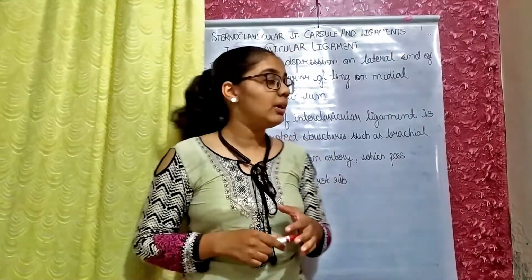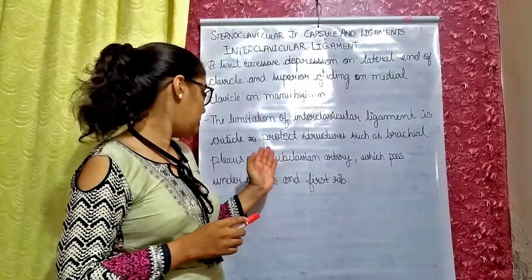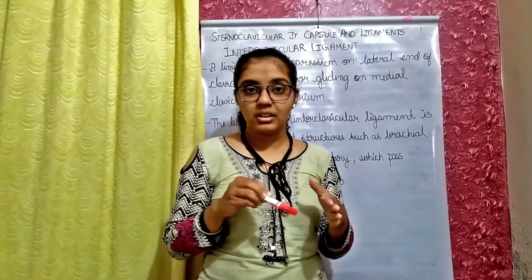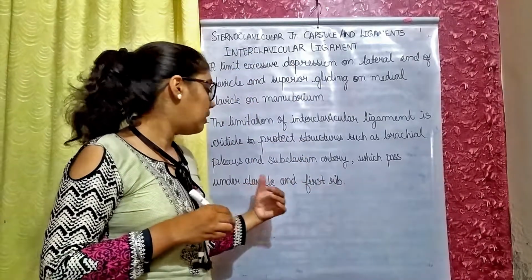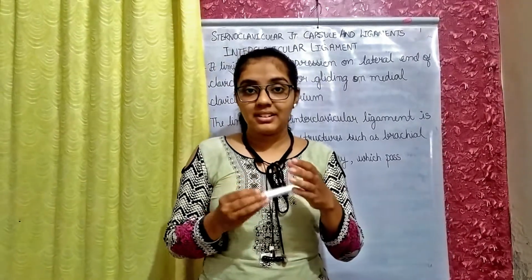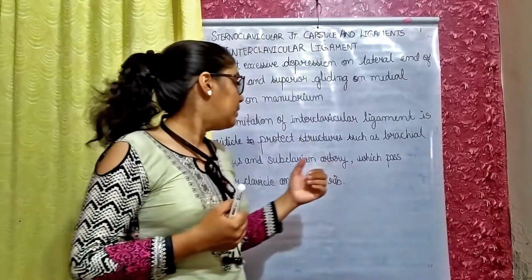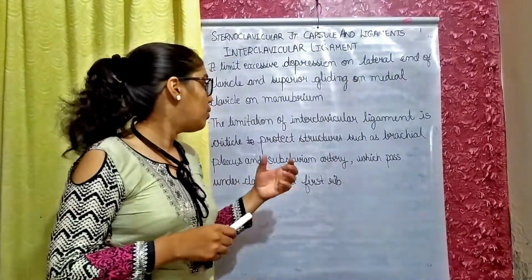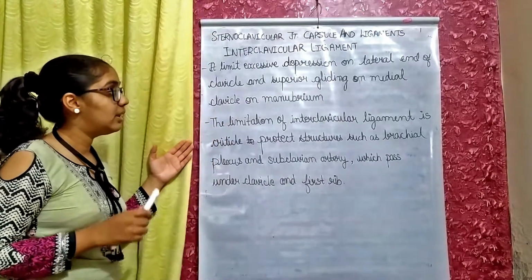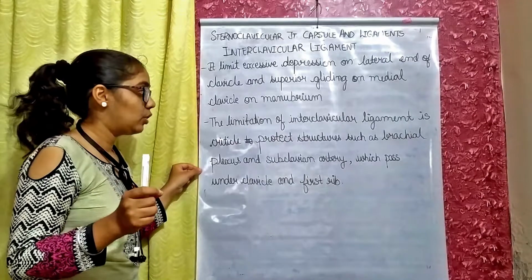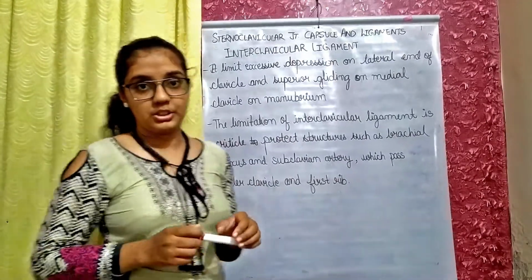As we know, very important structures like the brachial plexus and subclavian arteries pass under the first rib and the clavicle, so if excessive movement occurs, these structures may be damaged. So the limitation by the interclavicular ligament plays a critical role in protecting these structures.